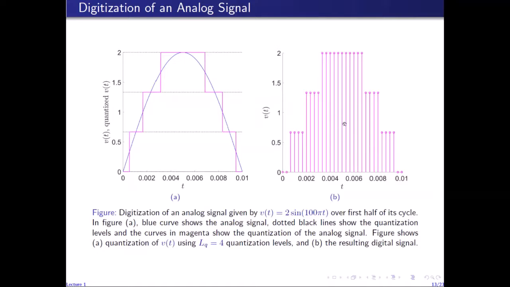So this is a digital signal corresponding to this analog signal. And not only is it sampled or discrete in time, it is also discrete in amplitude. So the samples can take on finite values from the amplitude. Those finite levels being 0, this, and this.